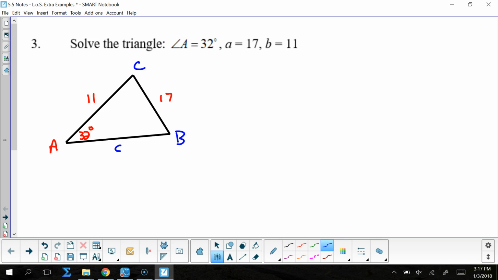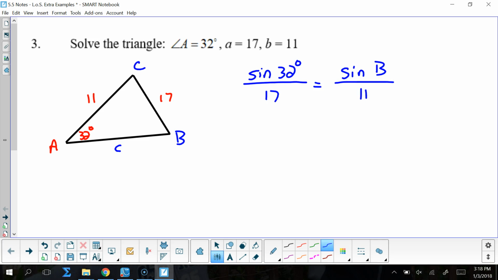So we can set up the law of sines. The sine of 32 degrees divided by 17 is going to equal the sine of angle B divided by 11. Cross multiply: 17 sine of angle B equals 11 sine of 32 degrees.